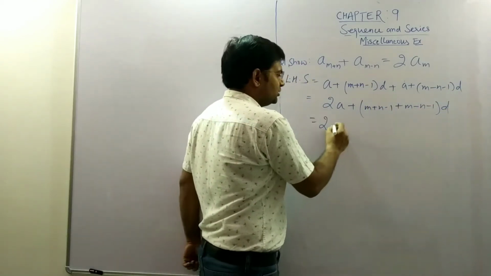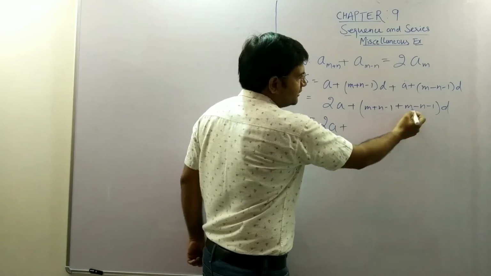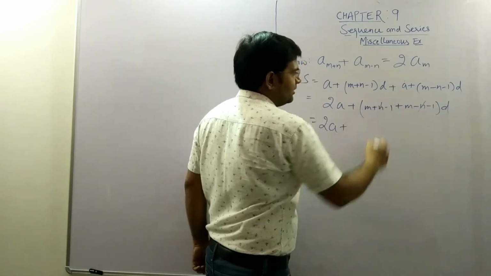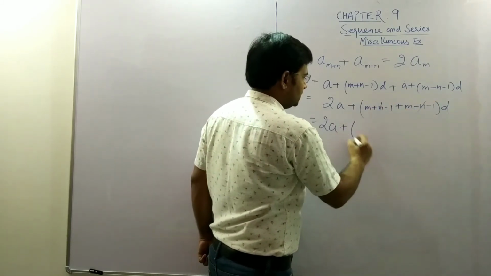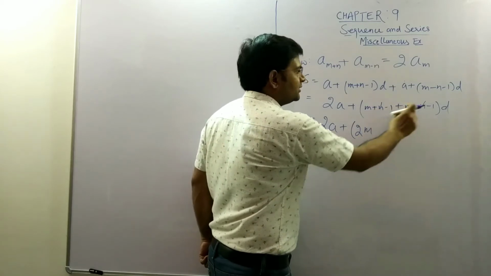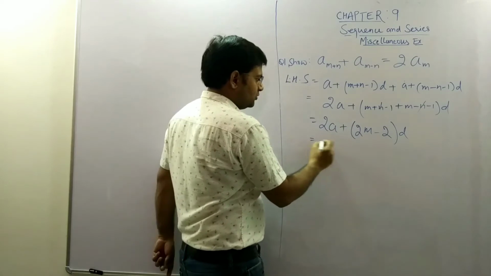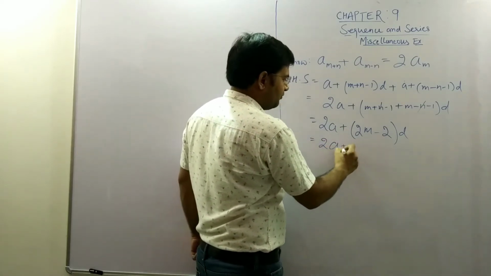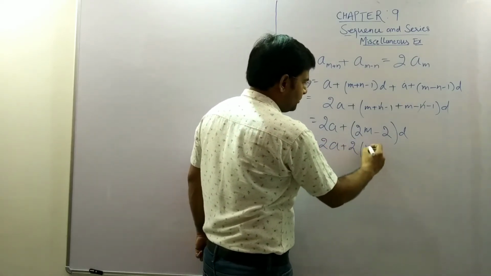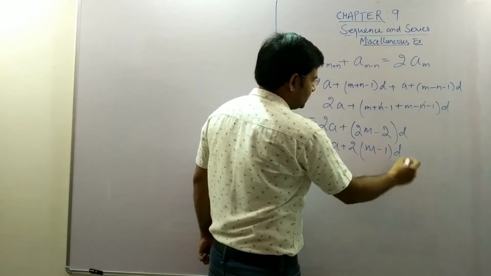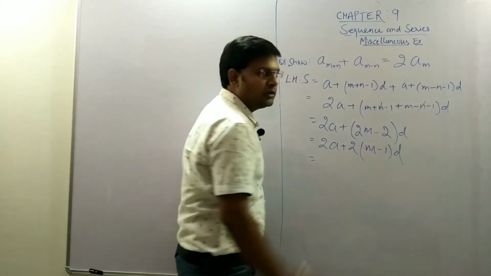Now you see this is 2a, we can simplify this, n got cancelled, this is twice m and this is minus 2 and this is d. So 2 you can take common from this bracket, so if you take 2 common, this is (m minus 1), this is d.